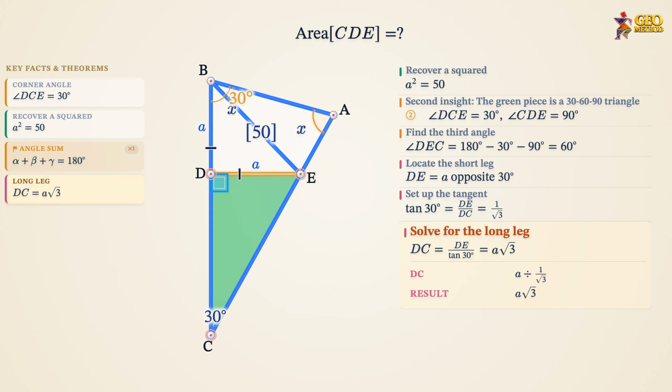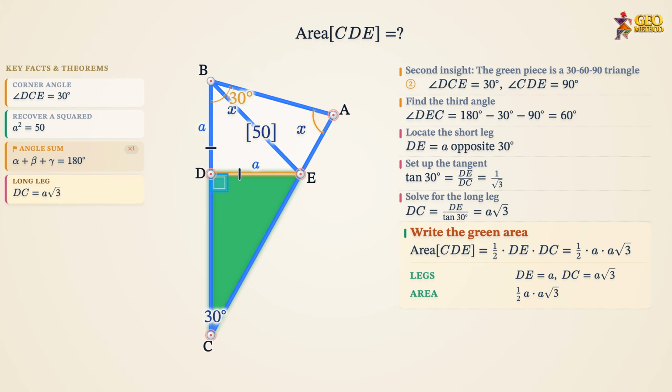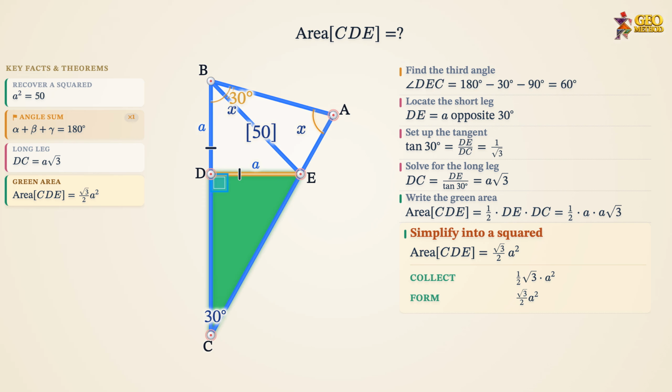The adjacent leg of the green triangle is A root 3. The green triangle is right-angled at D, so its area is 1/2 of leg segment DE times leg segment DC. That is 1/2 times A times A root 3. Grouping the A with the other A gives an A squared, so the area tidies to root 3 over 2 times A squared. Now it is written in the very quantity we already found.